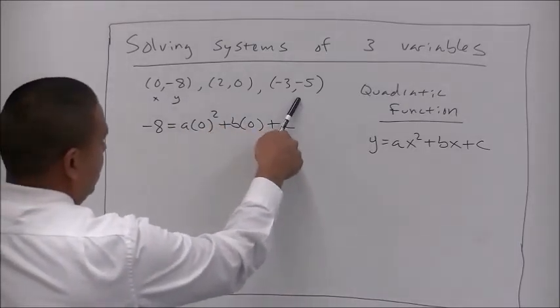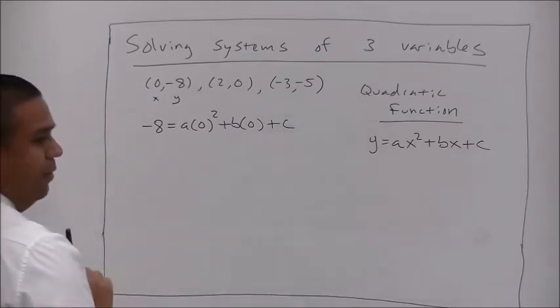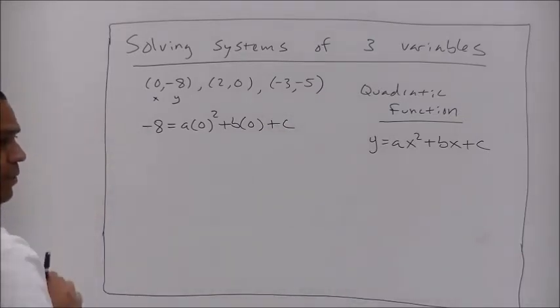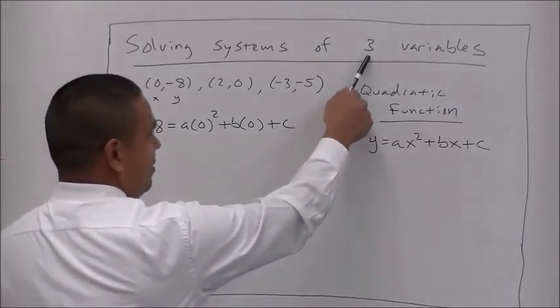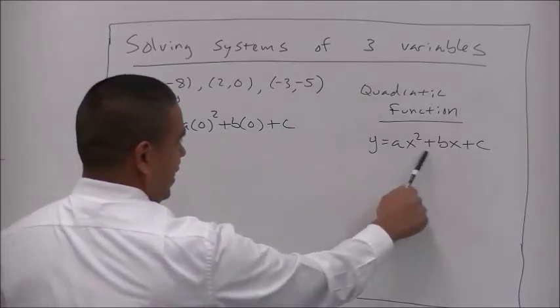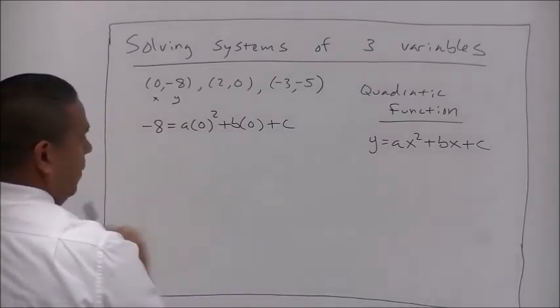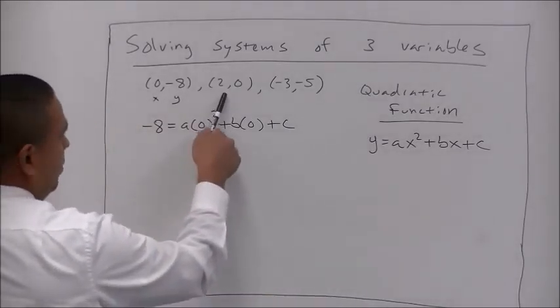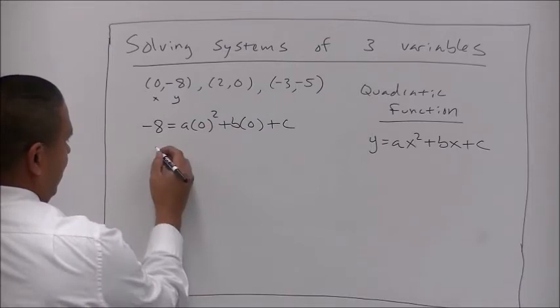But I have 3 points, so I have to do that 3 times, and we're going to have 3 equations. And we need 3 equations because we have 3 variables, a, b, and c. So for the second point, what's y? 0.